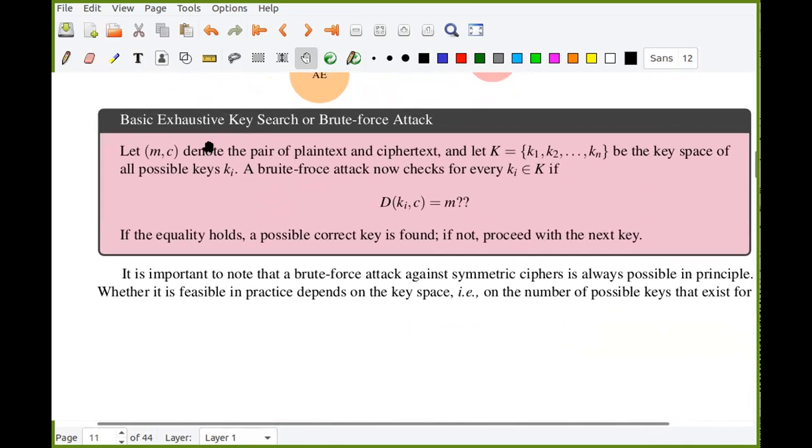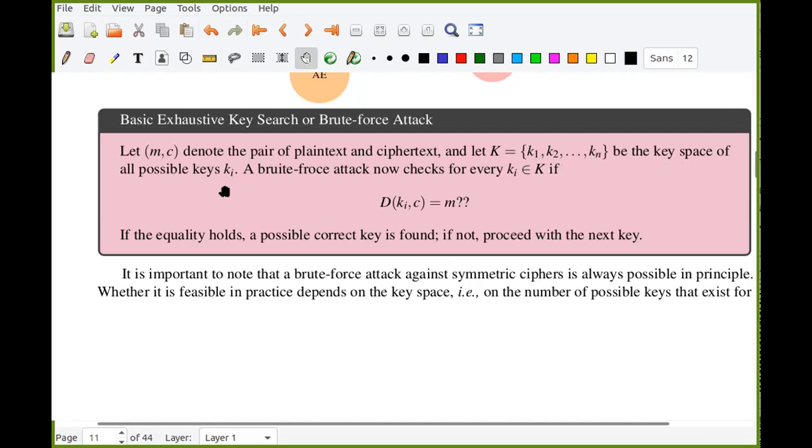So first, the basic exhaustive key search, or brute force attack. What does that mean? We are given a plain text and cipher text pair, and we have a key space K1, K2, up to Kn.